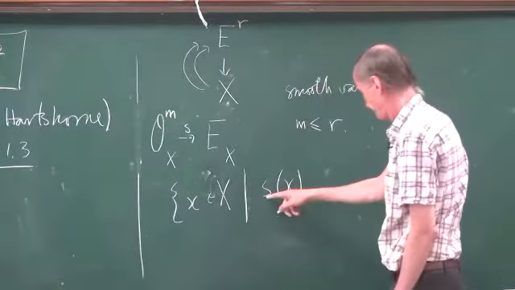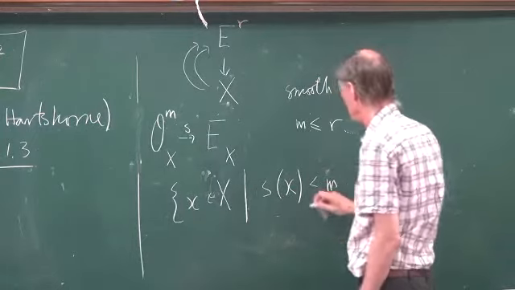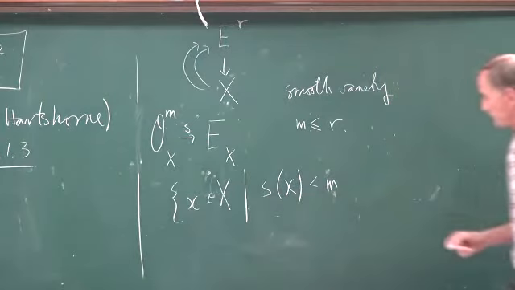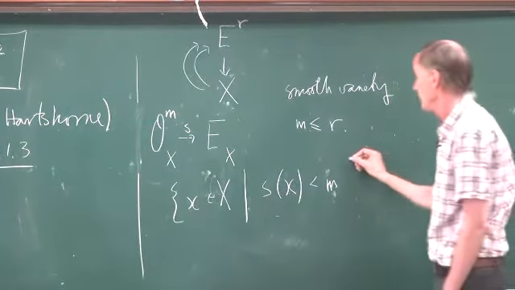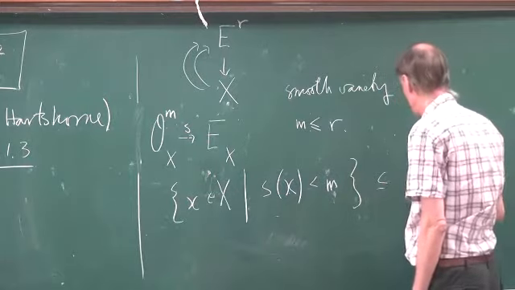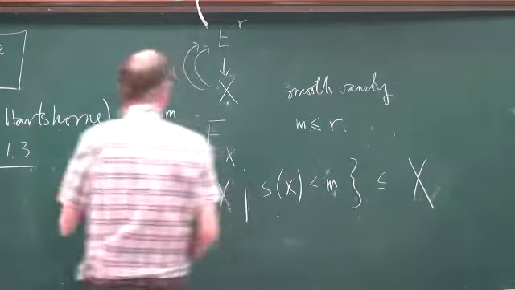Now if you look at the points where this rank is less than m, this is a subvariety in X, or a subscheme in X. You see what I'm saying?